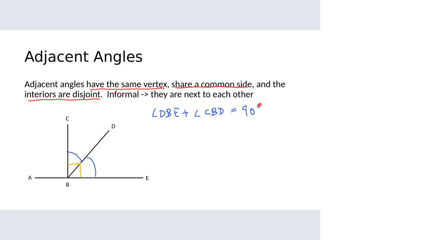I don't know what the measure of DBE is. I don't know what the measure of CBD is, but I know when I add them together, it makes a 90-degree angle. When two angles added together make a 90-degree angle, we call those angles complementary. Those would be called complementary angles because they add to make a 90-degree angle.